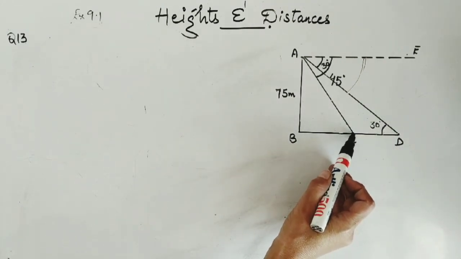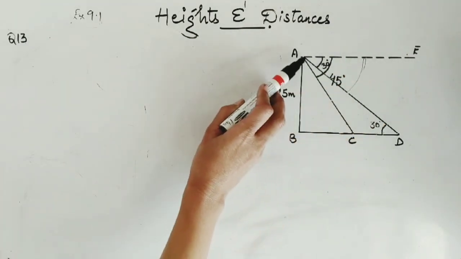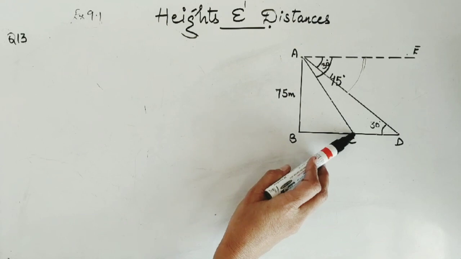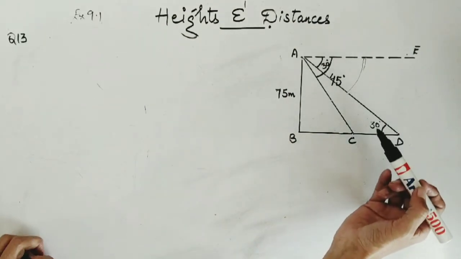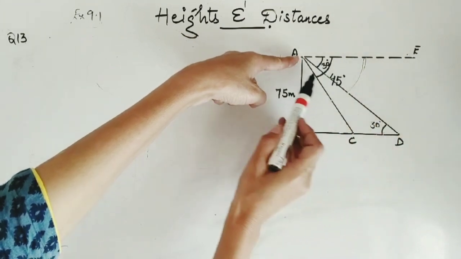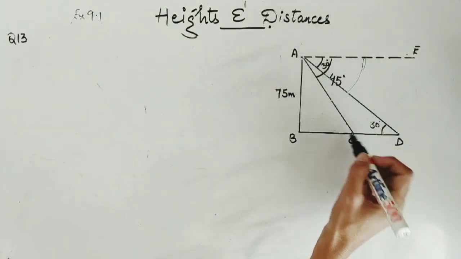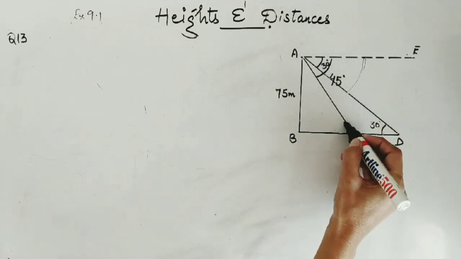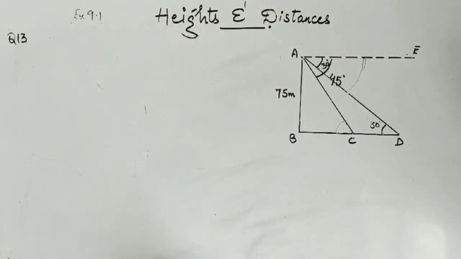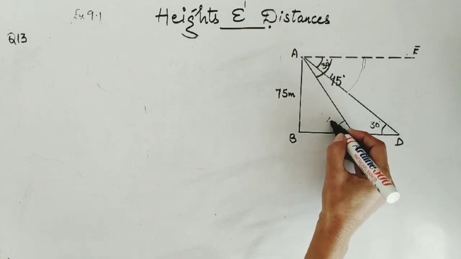The angle between the horizontal and the line of sight is 45 degrees. If this is 45, this angle over here would also be 45.